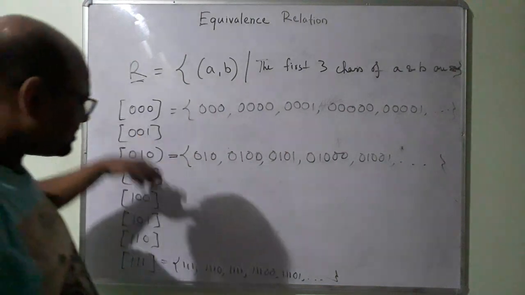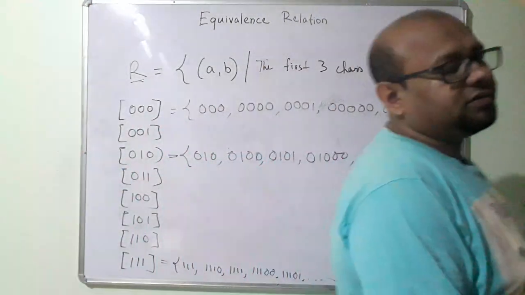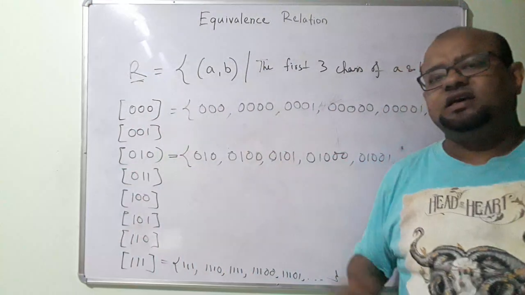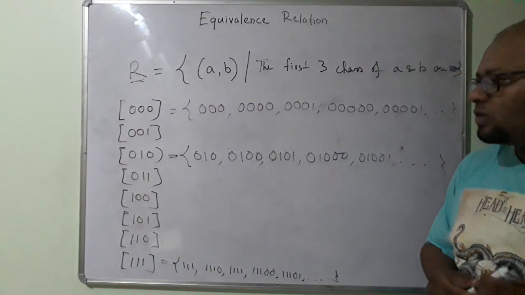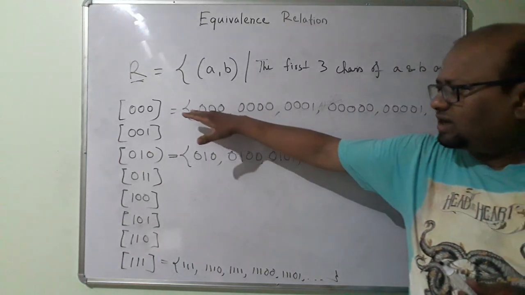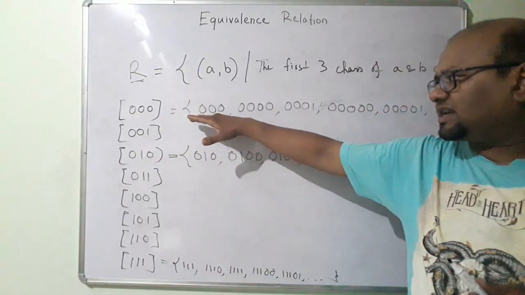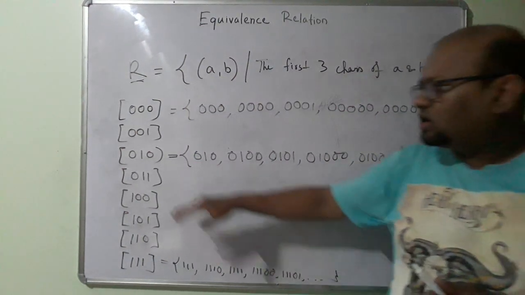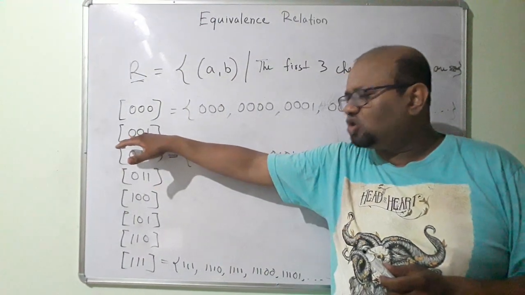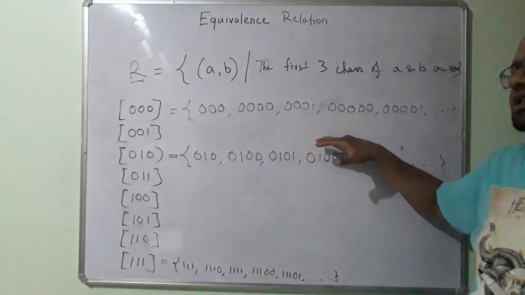Similarly we will have all these other equivalence classes. Now what will happen? All the bit strings that start with 0, 0, 0 belong to this equivalence class. All the bit strings that start with 0, 0, 1 will belong to this equivalence class.